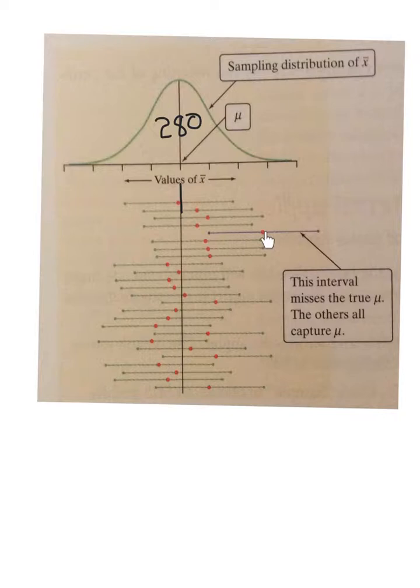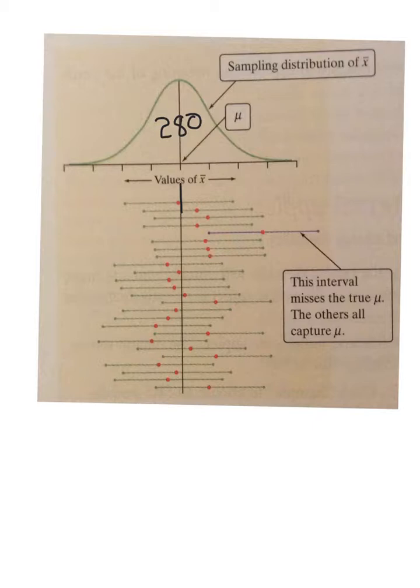So right here, even if you did plus 4.2 on either side, it wouldn't reach that 280. It would be too high, and it would miss our actual, if this was our actual number, this is the true mean for the entire population. So one of these intervals, adding the margin of error on either side, still captures that true mean, or this one that's on the outside actually misses it.